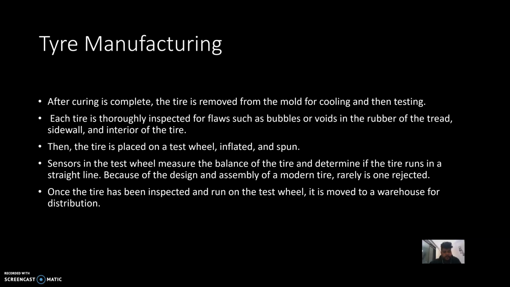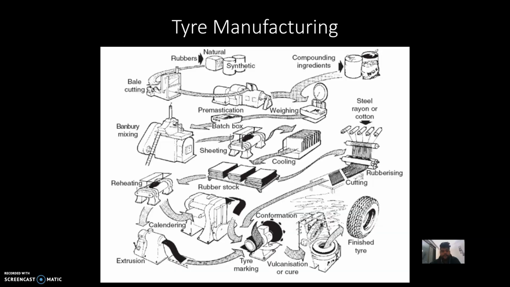Sensors on the test wheel measure the balance of the tire and determine if the tire runs in a straight line or not. Because of the design and assembly of the modern tire, rarely is one of these rejected. Once the tire has been inspected and run on the test wheel, it moves out to be sold.